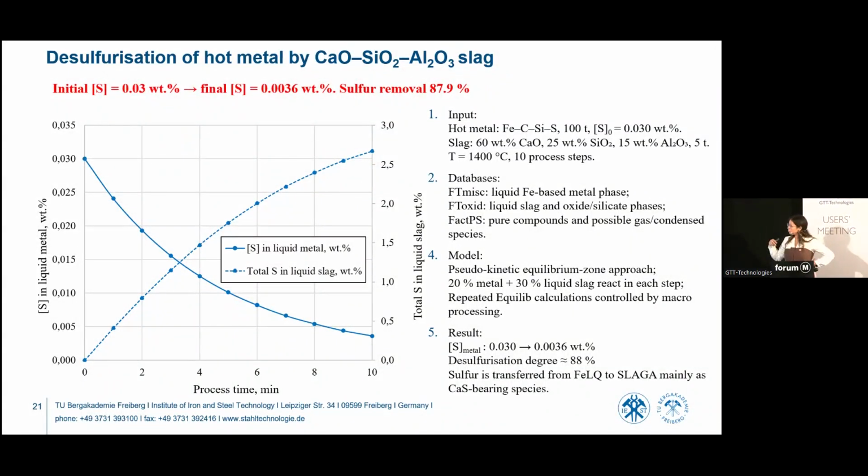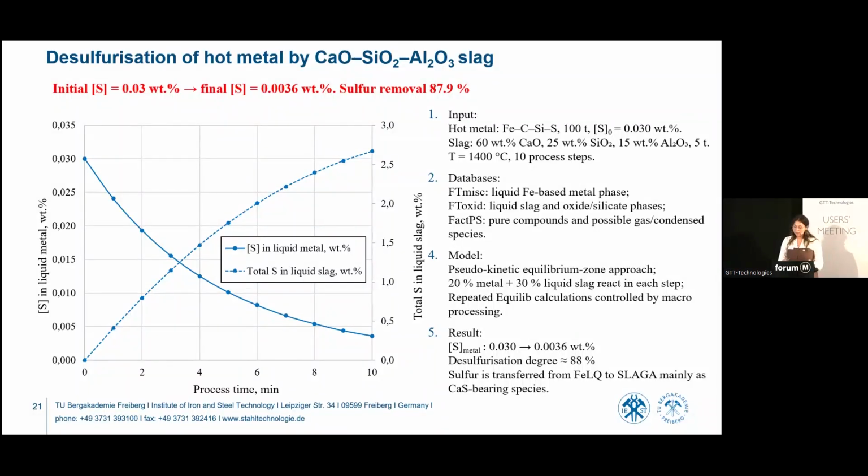It is the output of a repeated FactSage macro calculation. For this thermodynamic calculation, I used 3 databases: FT-MISC for the liquid iron-based metal phase, FTOxide for slag and oxide silicate phases, and FactPS for pure compounds and possible gas.